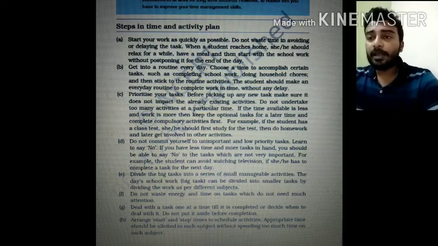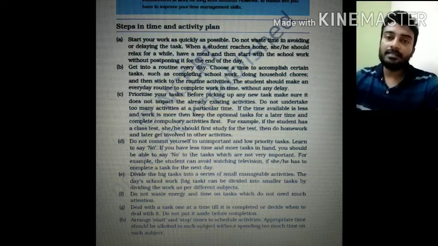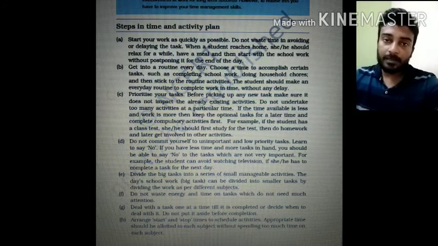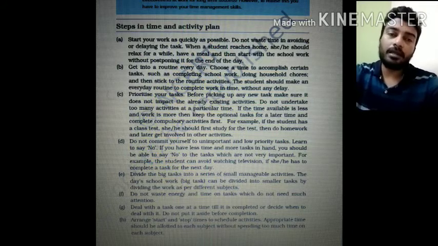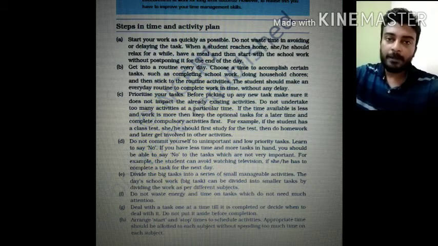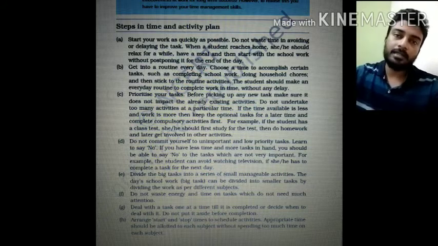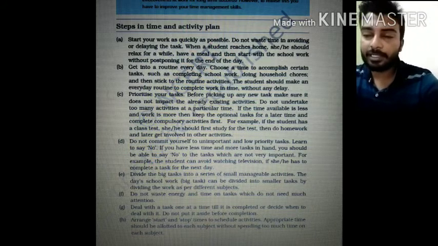The next is, prioritize your tasks before picking up any new tasks. Make sure that it does not impact the already existing activities. That is, whatever work you have started, don't leave that and start doing another one. Always keep in your mind that whatever you have started, complete that. If it is a small task, complete that task and then go for the next one.